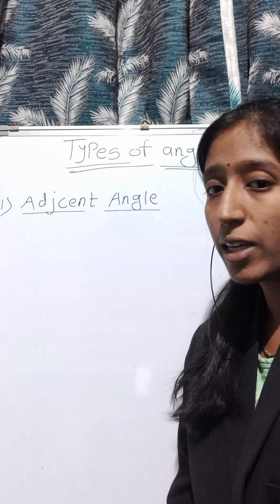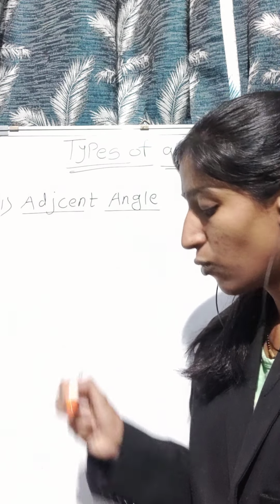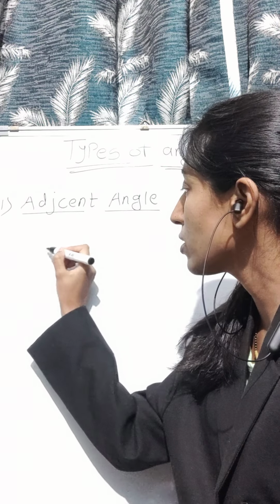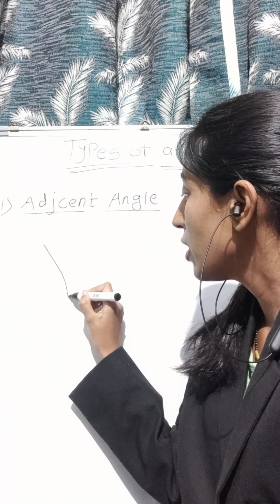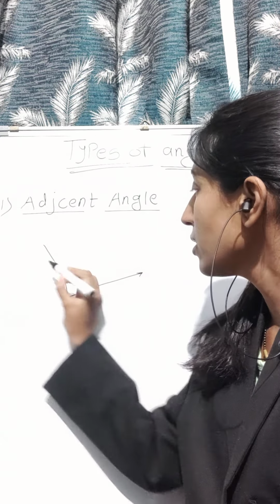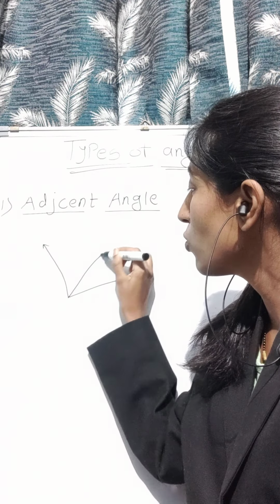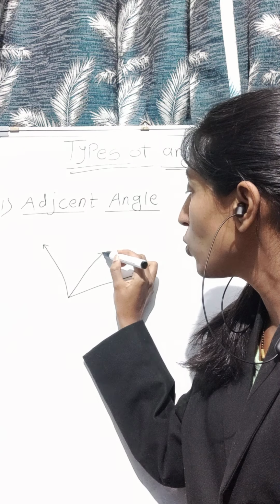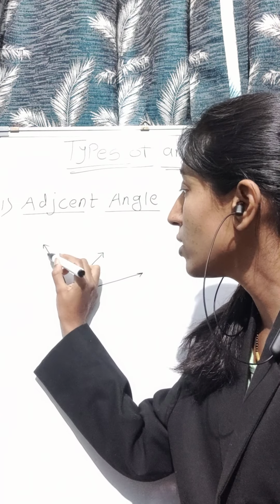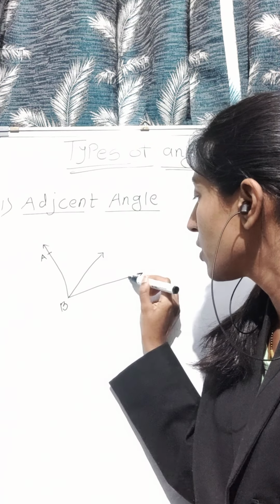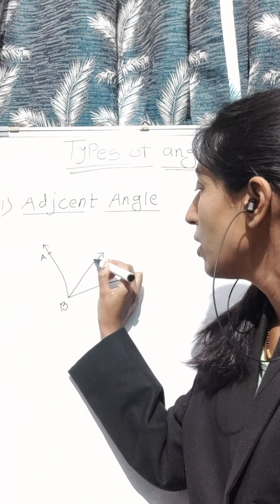Adjacent angle is an angle which is formed by... see, first I will draw the figure. If I am drawing the angle like this, how to read the angle, which are the two ways to read the angle, all these things we have seen in the previous lecture. You can go through that once if you don't know about the basics.